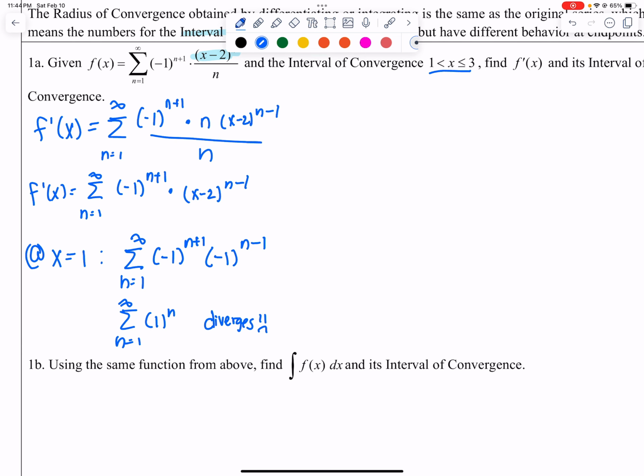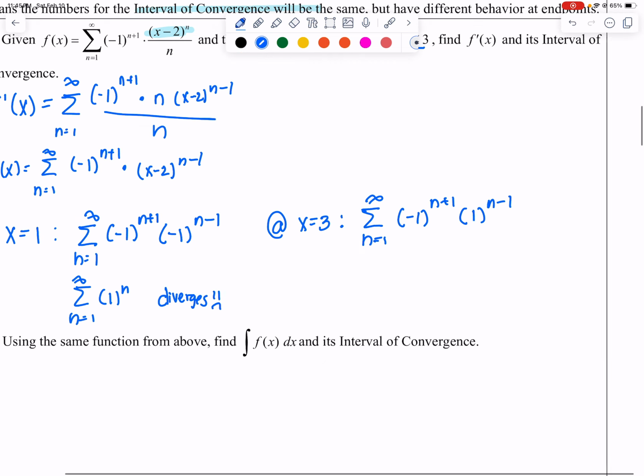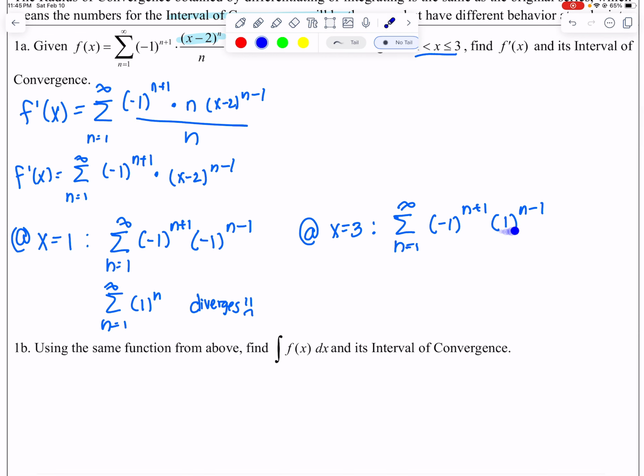We're going to do the same thing for positive 3. So now I have negative 1 to the n plus 1, and then 3 minus 2 is 1. Well, 1 to any power is just going to be 1, so I'm only going to be focusing on negative 1 to the n plus 1.